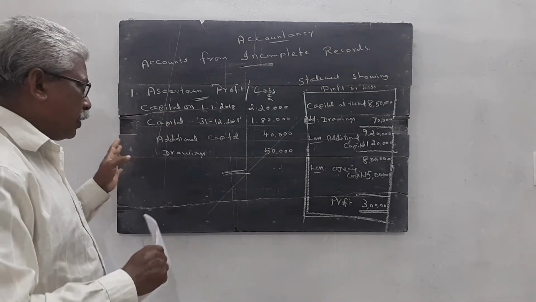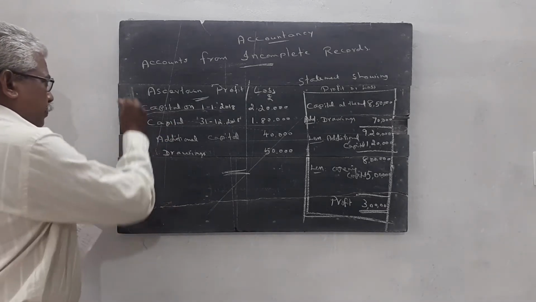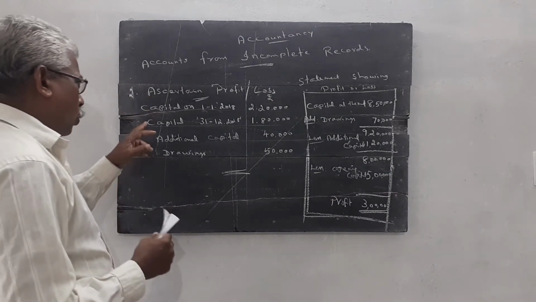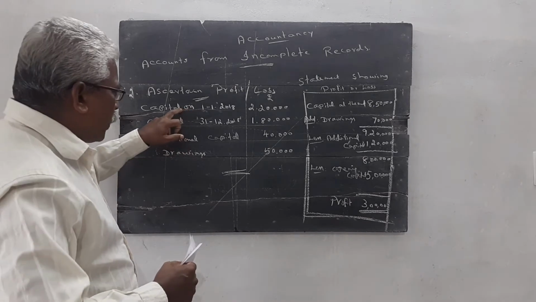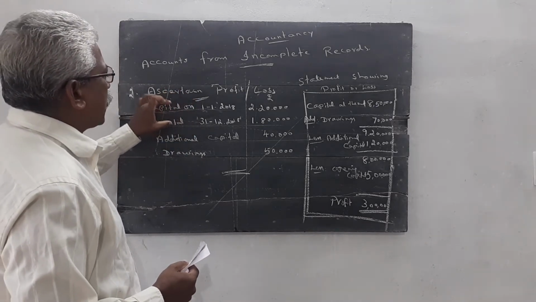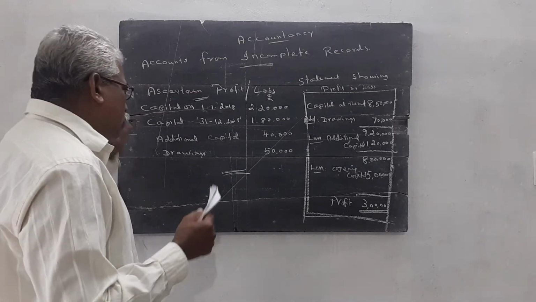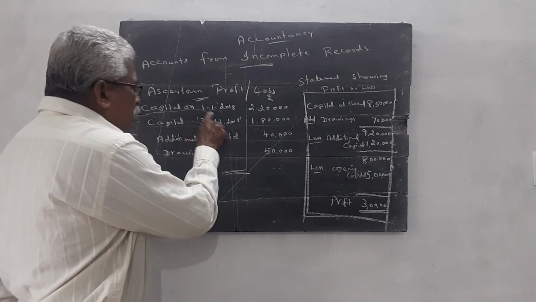What is the difference between the previous question and this question? Question number 2. Here, the words opening capital and closing capital are given. Here also opening capital and closing capital is given, but the date is given.